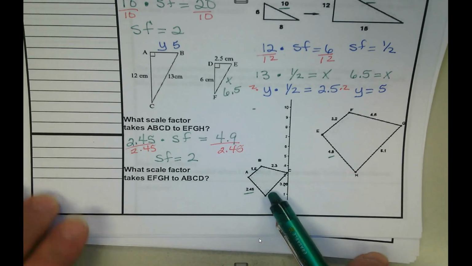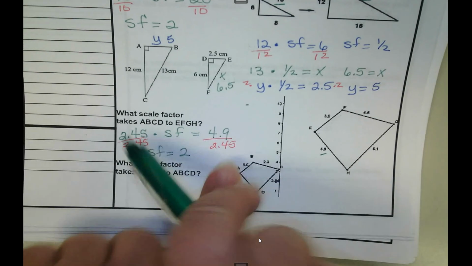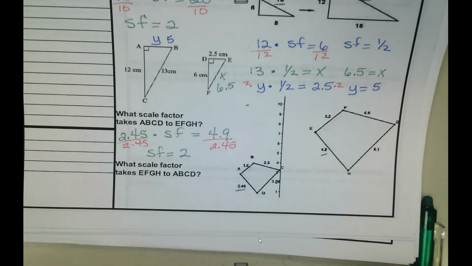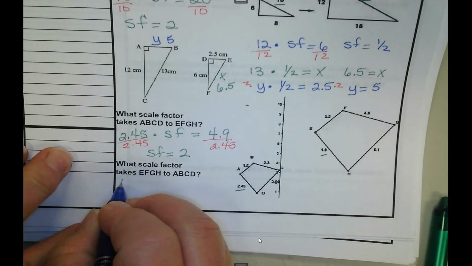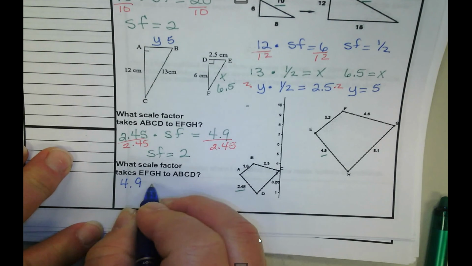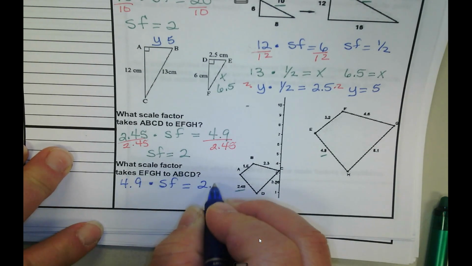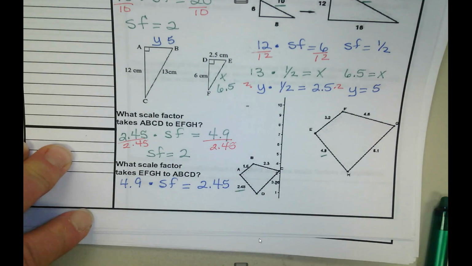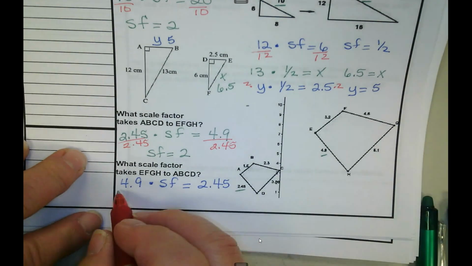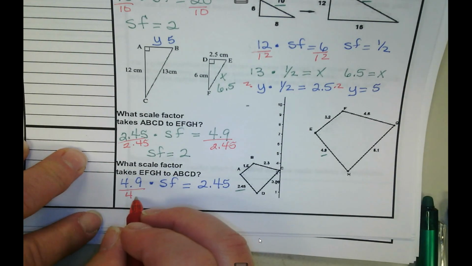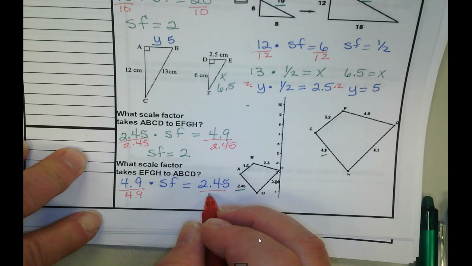Okay, if we're going to go backwards, these two numbers switch around. If you notice, what do you notice about the two scale factors? Think about what's going to happen.